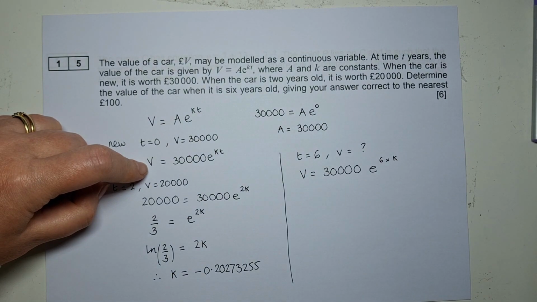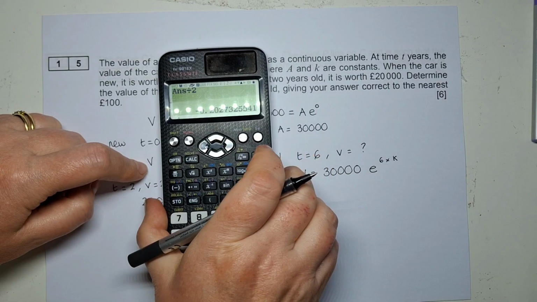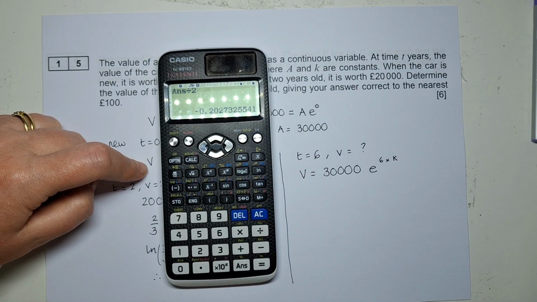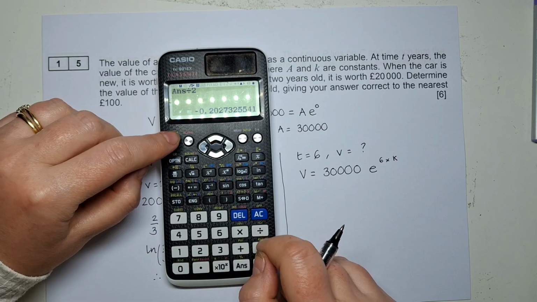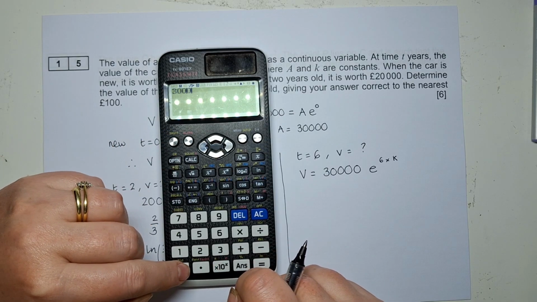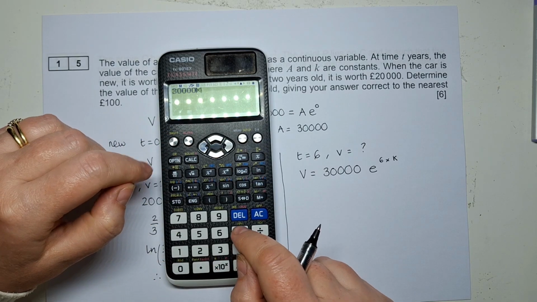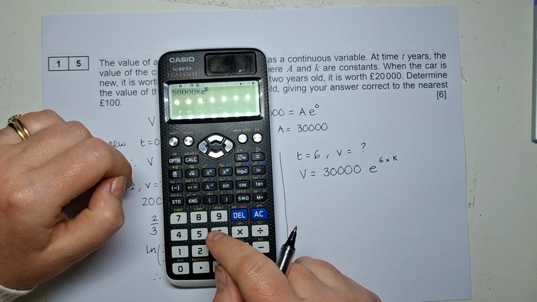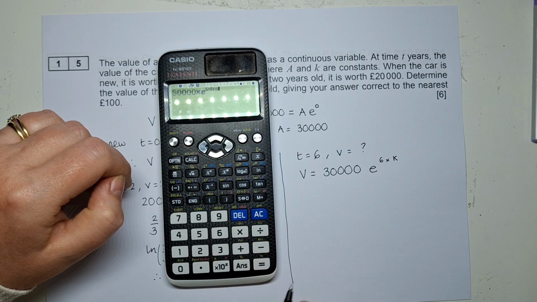Obviously this is our k, which I can hopefully use the full decimal here. So I want 30,000 times e to the power of 6 times answer, and that should work.